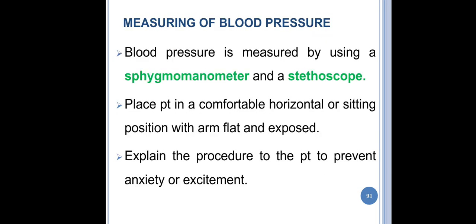So what do we use to measure the blood pressure? We use what we call the sphygmomanometer. The sphygmomanometer and the stethoscope are what we use to measure the blood pressure. But the sphygmomanometer is actually outdated.